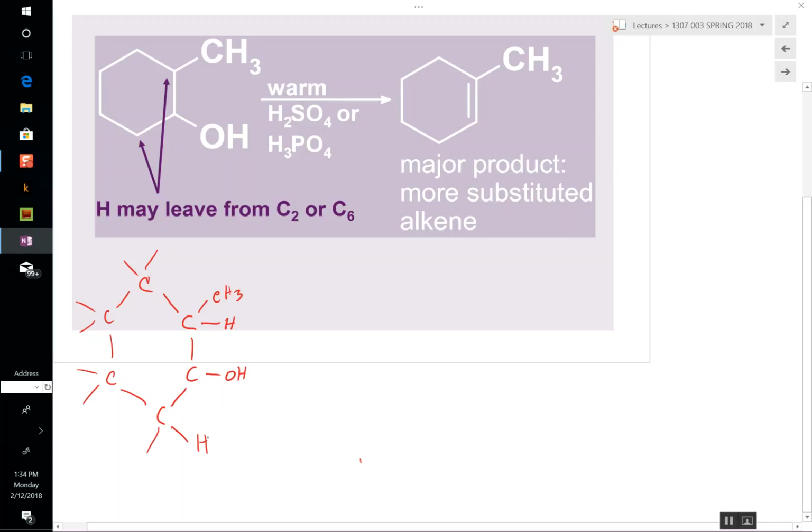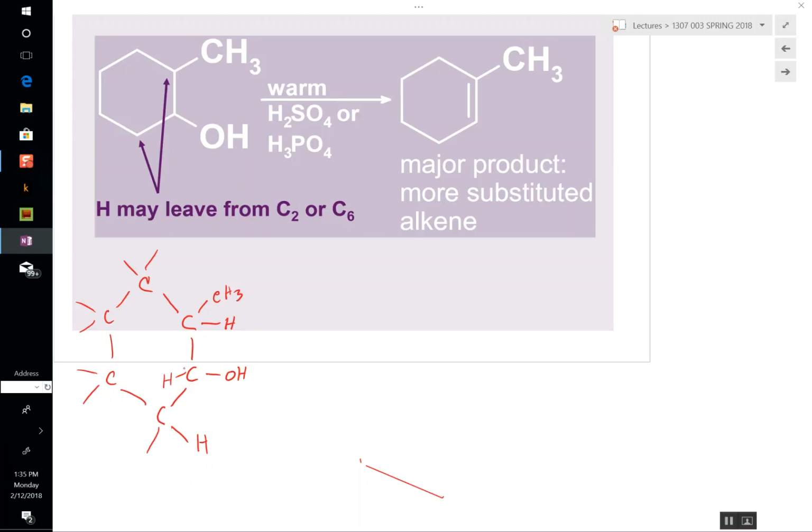Now there's a hydrogen here too. I want to get it out of the way somewhere. There is a hydrogen on this carbon, but we need to look at the hydrogens that are on the carbons next to this hydroxyl. So there's a water, in which case the double bond would come right there, right? There's a water molecule that could leave. You could eliminate this water molecule, in which case you get the double bond right there. That would be the minor product.